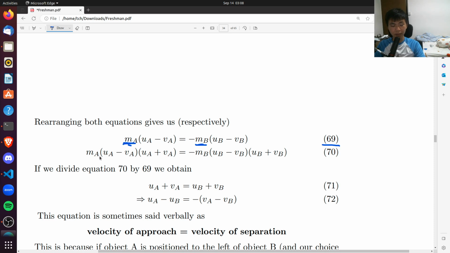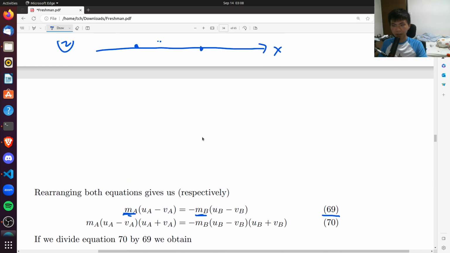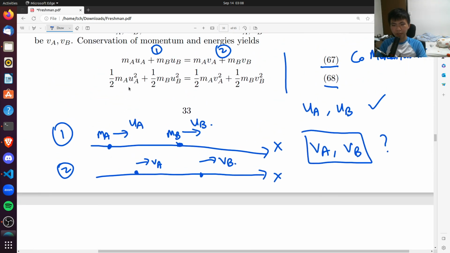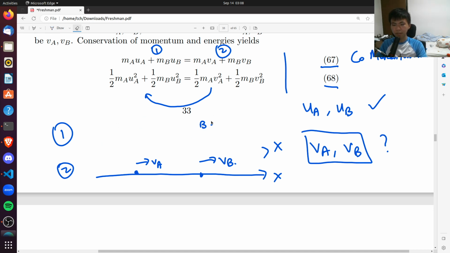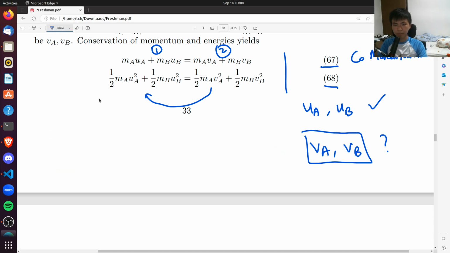Likewise, if I rearrange the energy equation, I can bring this term over, so half MA factorizes out: half MA times UA squared minus VA squared.